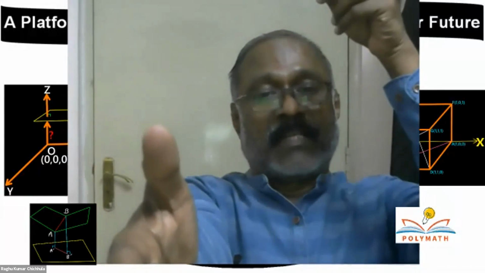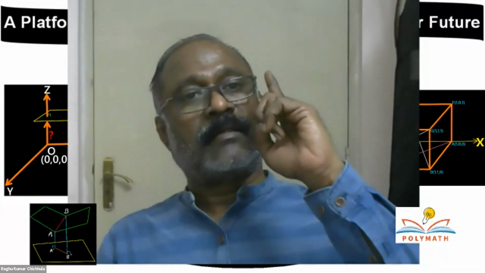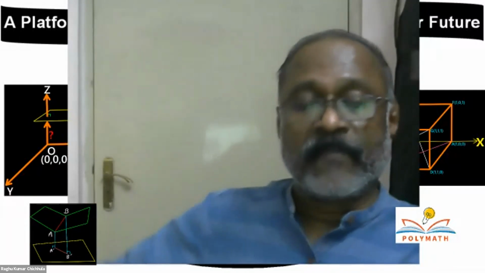Now this is parallel to that line of intersection. So how do you get the information about the 3D line using two planes? You take the normal DRs to the first plane and the normal DRs to the second plane, and find the cross product of both. Then you will get the information about the line of intersection of the two planes. This is what you have to understand.